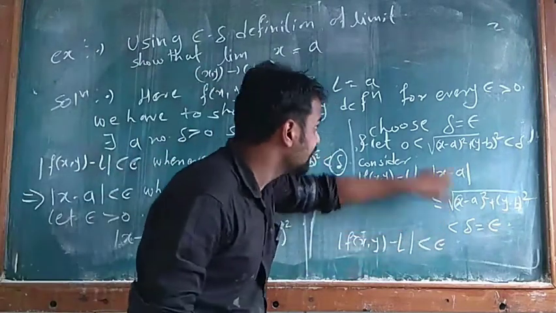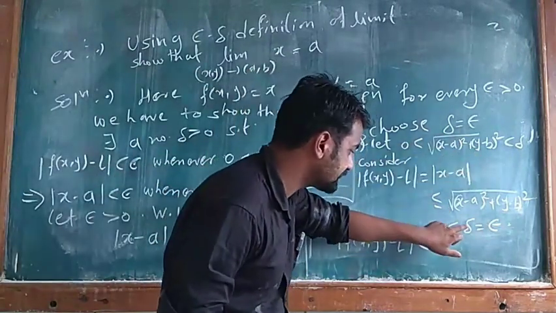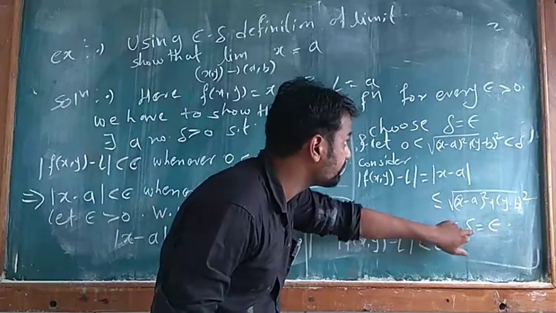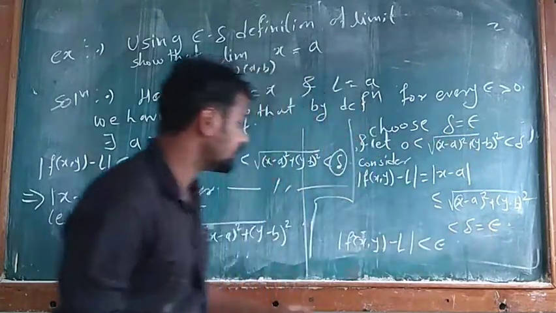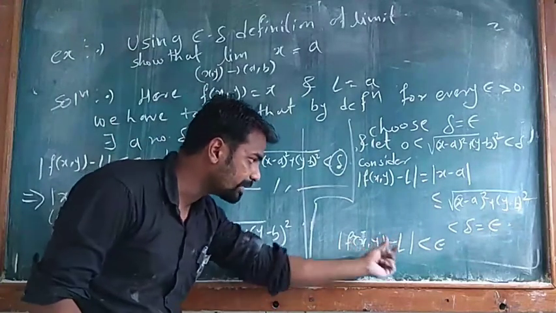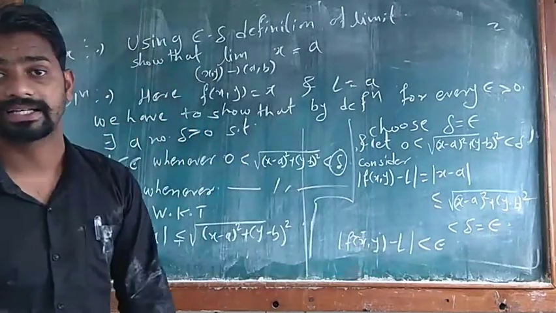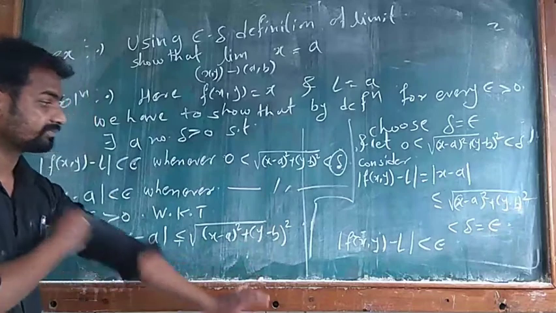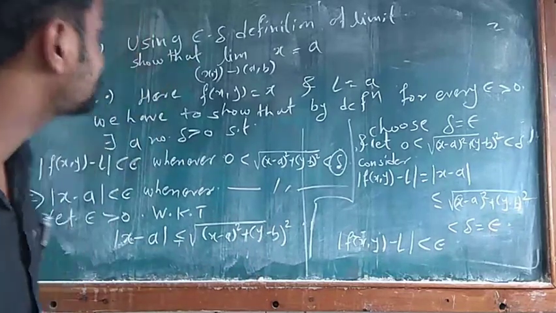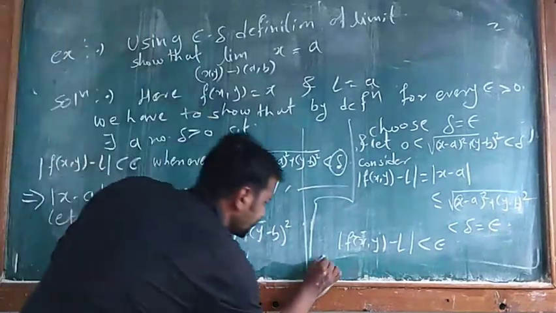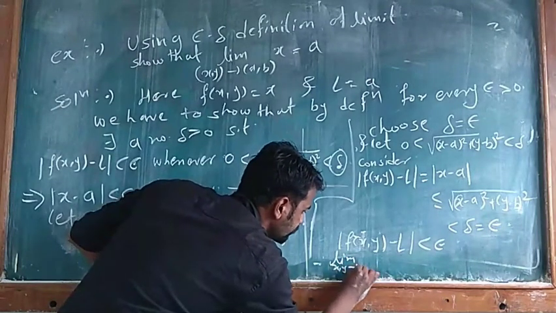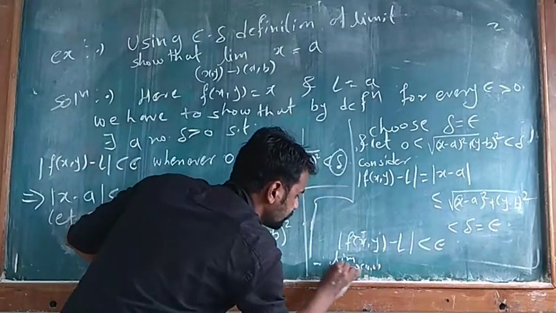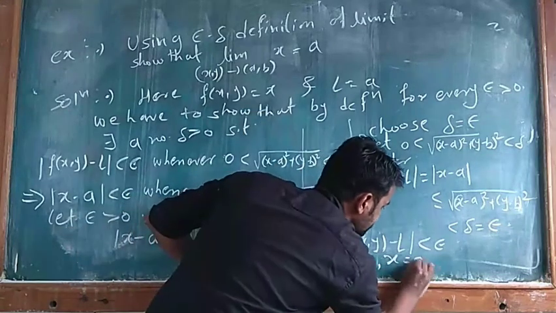But this is less than delta, and delta is equal to epsilon, so it is less than epsilon. Therefore we have |f(x, y) − l| less than epsilon. This is the complete solution of this question. Therefore we get the limit as (x, y) tends to (a, b) of x is equal to a.